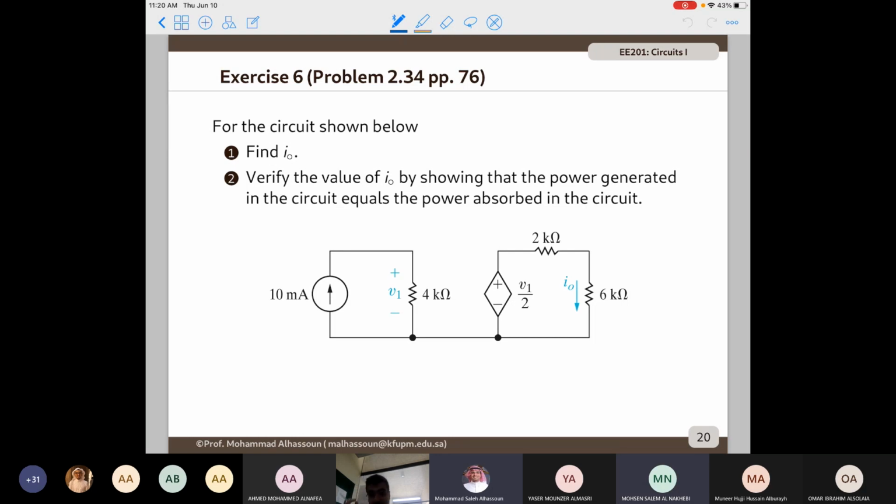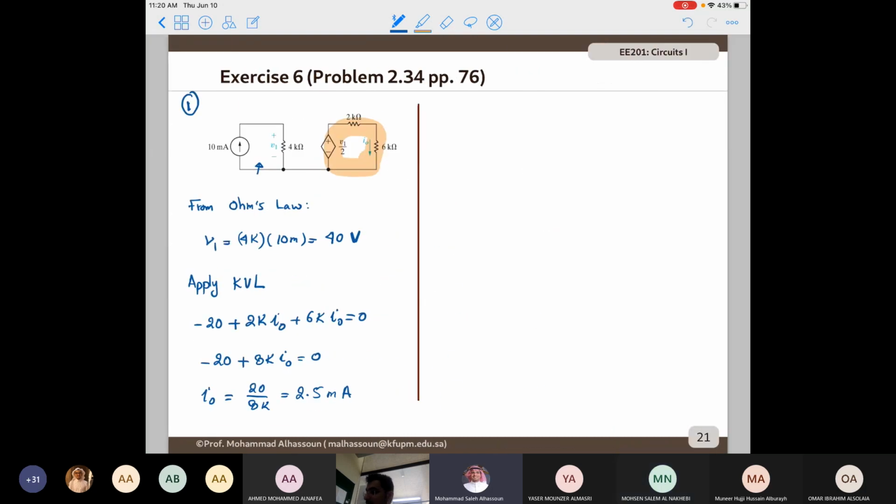It will be I times V. Yes, and again there will be a negative sign here. Yes, the minus sign. Minus 10 milli multiplied by 40, which is minus 0.4 watts.